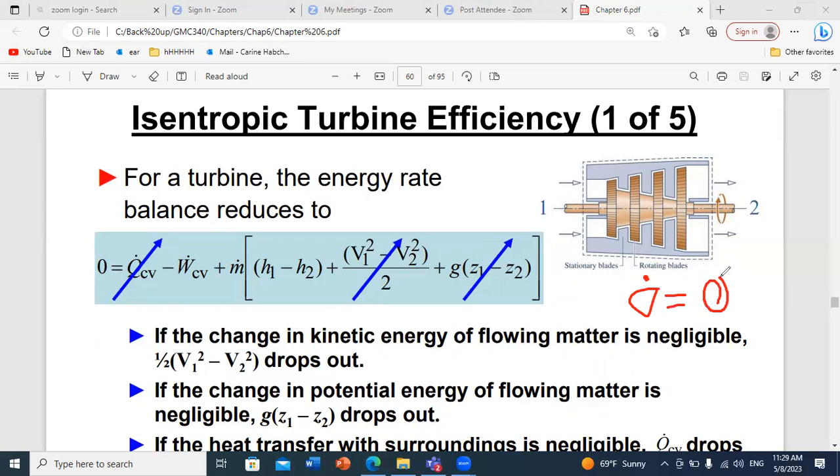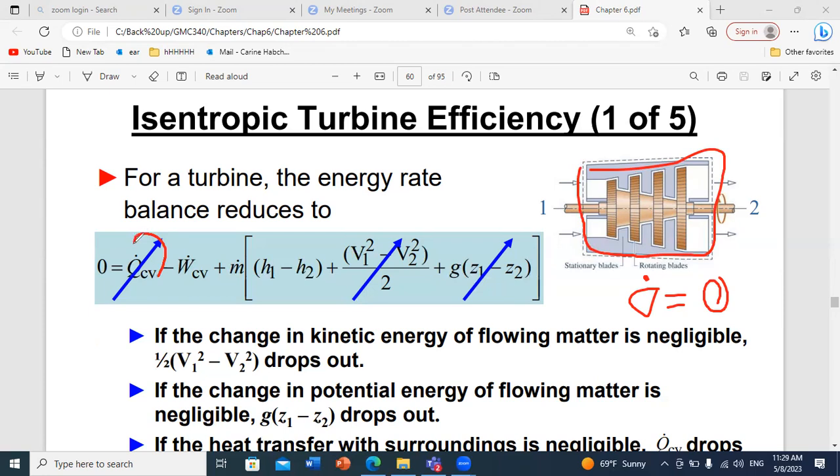Why? Because let us take the example of a turbine. Always keep in mind whenever you solve a problem, first write the energy balance equation, then write the entropy equation to see what conclusions you can make. So, for example, if I take a turbine, for a normal turbine, if they don't mention anything, we consider that we don't have heat loss to the surroundings. So Q dot is 0.